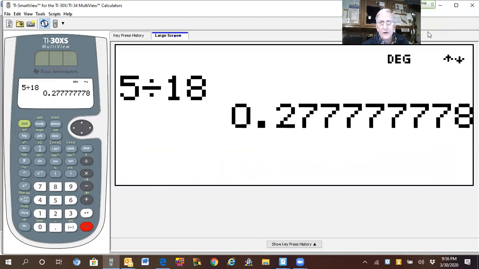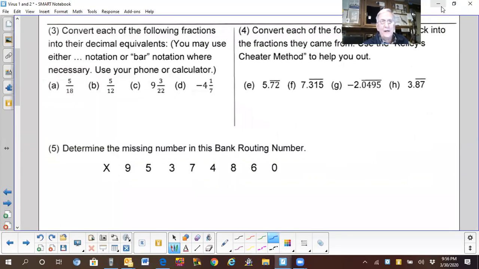So the answer we would write for 5 divided by 18 is 0.27 with a bar over the 7, to show the repetition. Or I could write 0.27777..., which is the same thing as the bar notation.